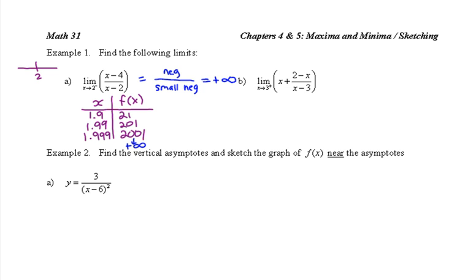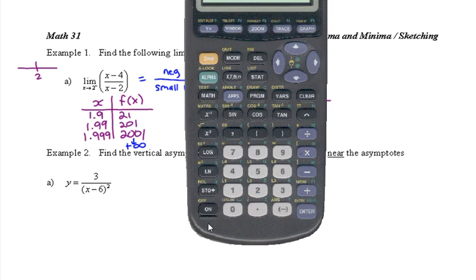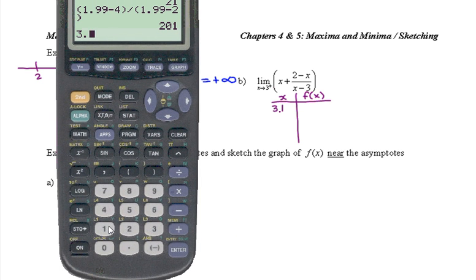So the next guy. Again, you could use a chart. So give me a number on the right of 3. Let's start with 3.1. Okay, so plugging that into my calculator, 3.1 plus bracket 2 minus 3.1, divided by bracket 3 minus 3.1.